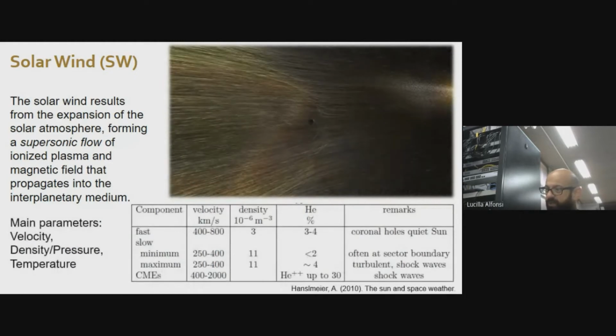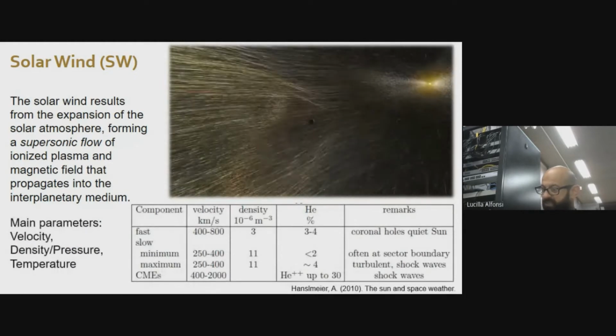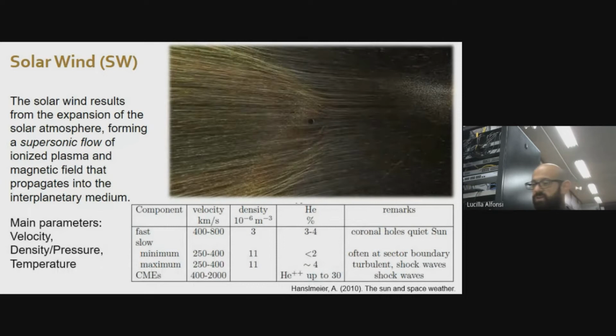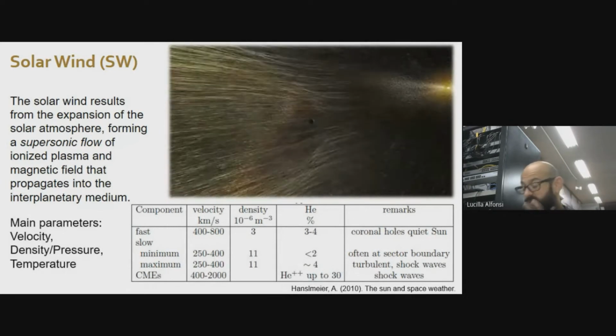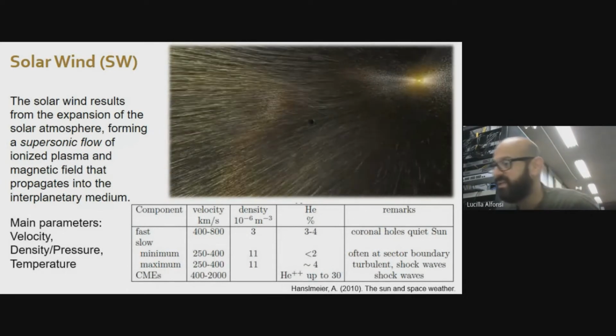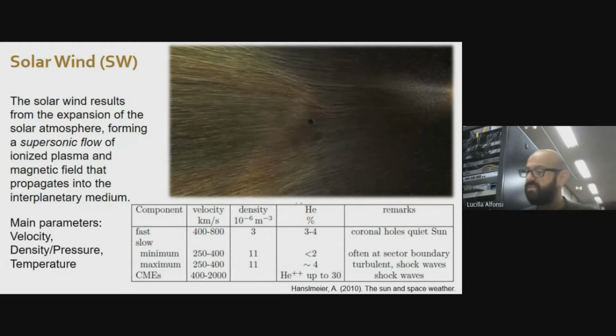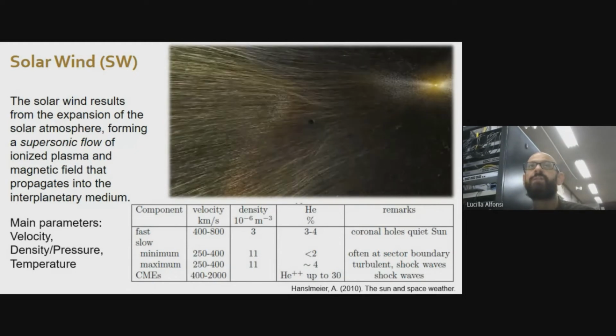As you can see here, the main parameters of the solar wind that we can consider to study its impact are the velocity, the density and pressure, and the temperature.